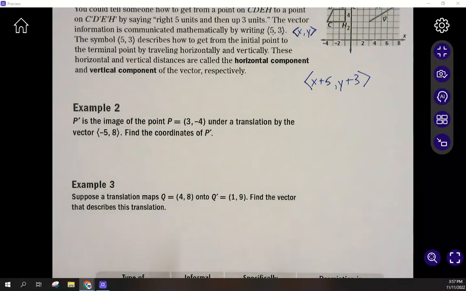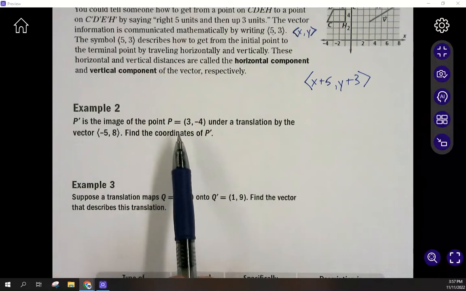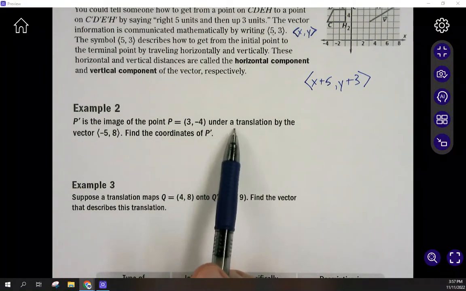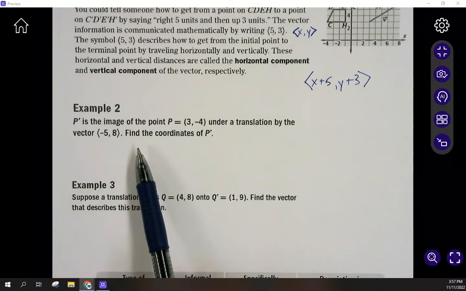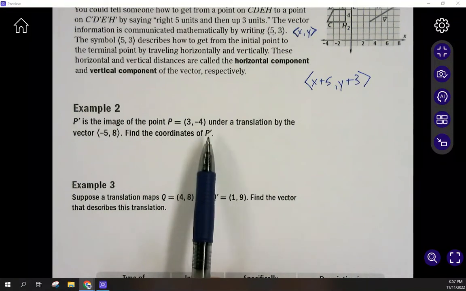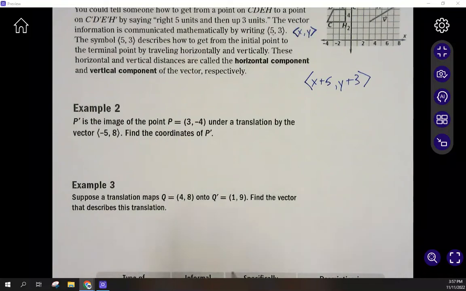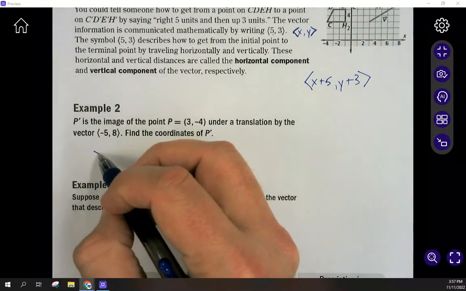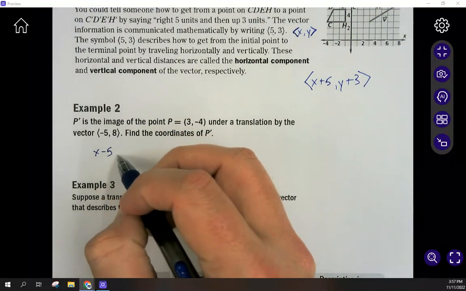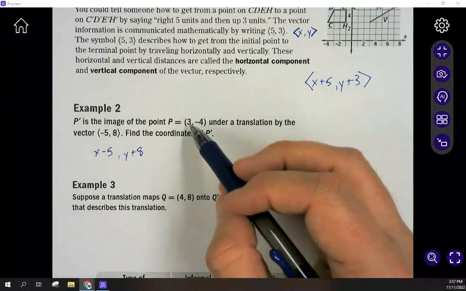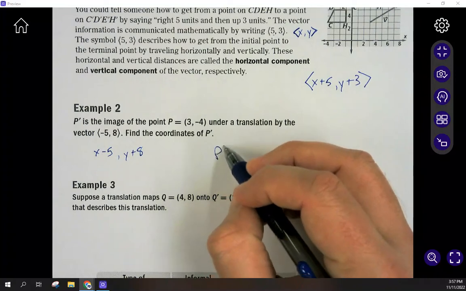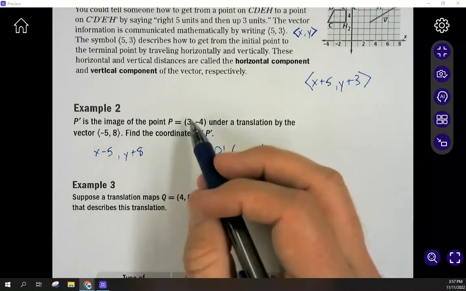P prime is the image of the point P equals (3, -4) under a translation by this vector, <-5, 8>. So we're going to find the new coordinates of the image of P. So remember, this means take the x value and minus 5, and it means take the y value and add 8. So we're going to take 3 and minus 5.